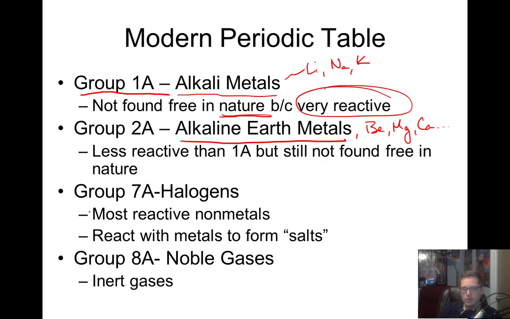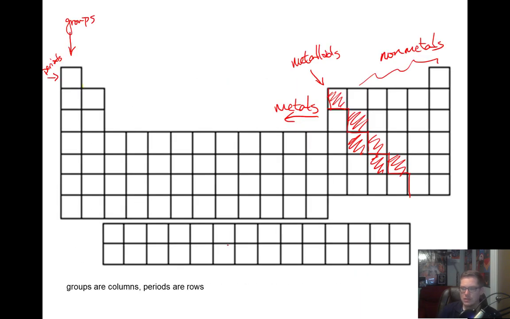Group 7A is the group all the way down on the right side of the periodic table, these here. If we were to label these, this would be 1A, this is 2A, 3A, 4A, 5A, 6A, 7A, and 8A.